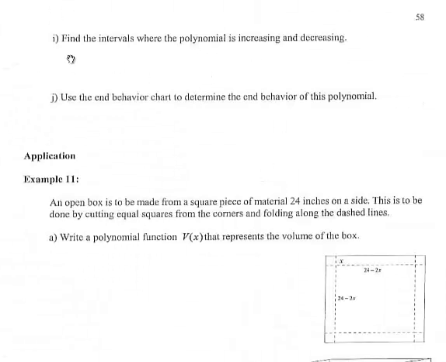So on the next page we see two more questions regarding the previous example. They want us to find the intervals where the polynomial is increasing and decreasing, and then use end behavior to chart to determine the end behavior of the polynomial. Well, we sort of did that on the previous page. We said that a_n, the leading coefficient, is positive, and the degree was 4, and that is an even number.